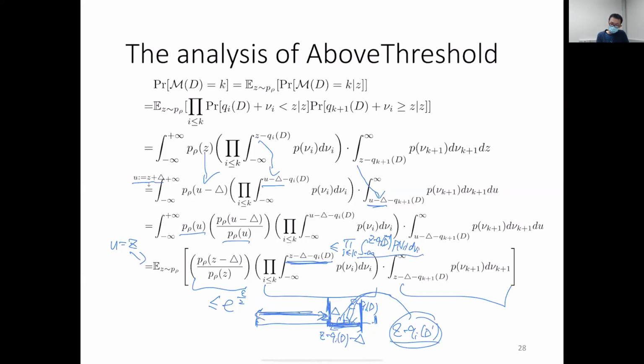Now we've aligned the first term and the second term with the kind of probability of having. The idea is that we want to construct M(D prime) equal to k on the right hand side. So far we've done the first thing and the second thing, and it remains to bound the last term. Let me see if I have time to do this.